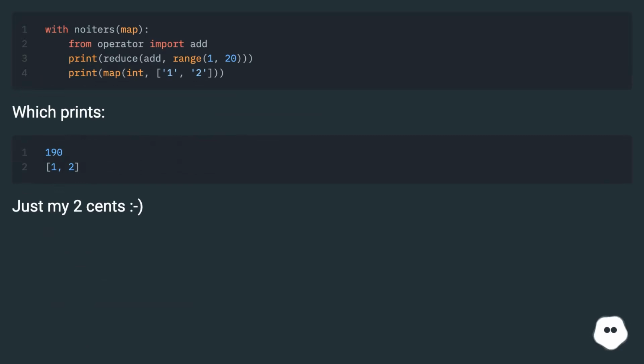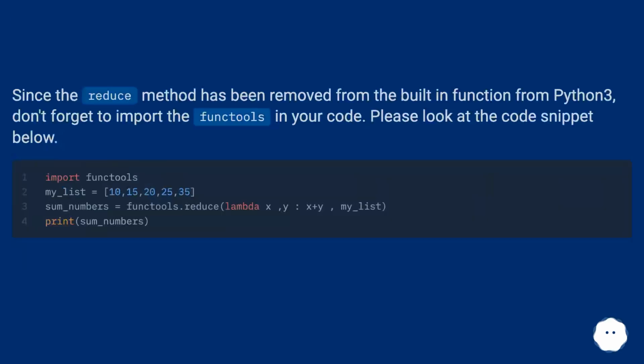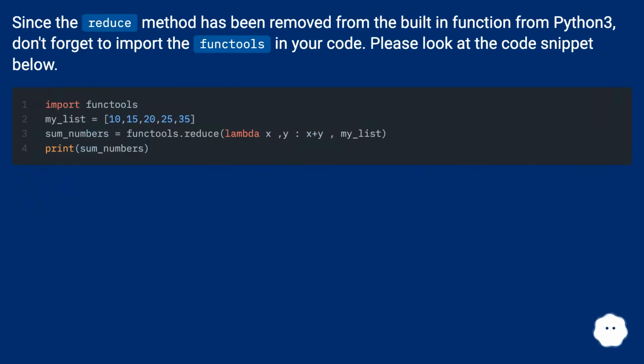Which prints? Just my 2 cents. Since the reduce method has been removed from the built-in functions in Python 3, don't forget to import functools in your code. Please look at the code snippet below.